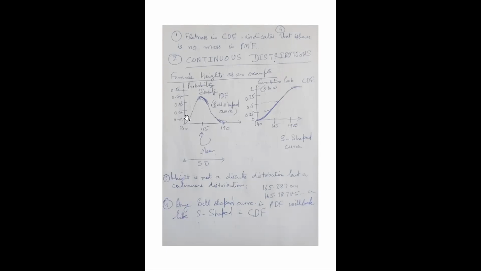This is known as the probability density function in the case of a continuous random variable. But let us come to the cumulative distribution function in the case of a continuous random variable.